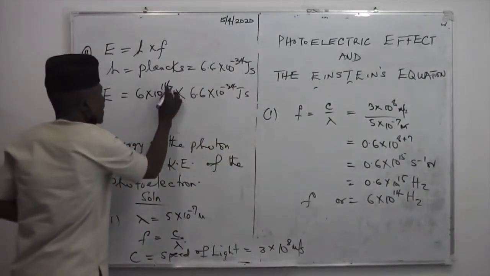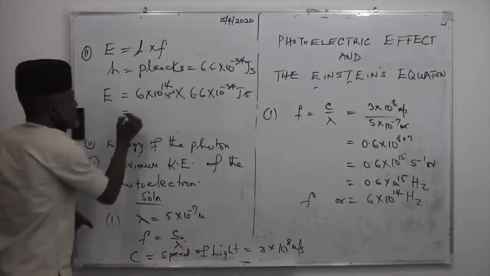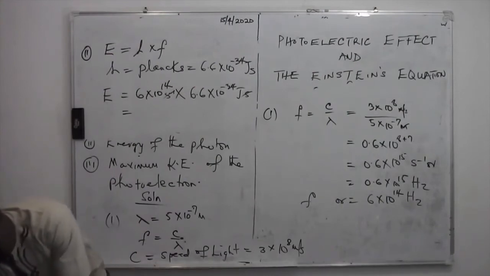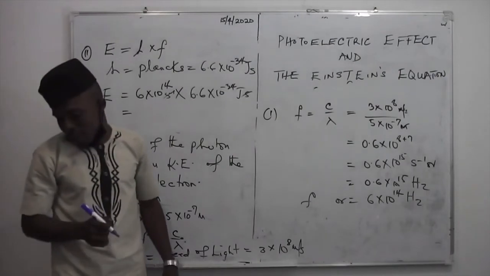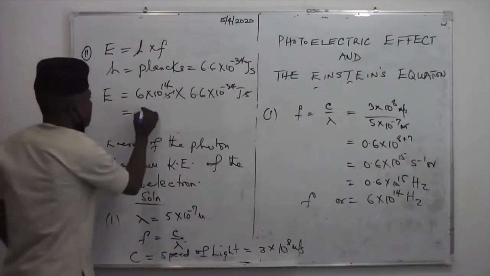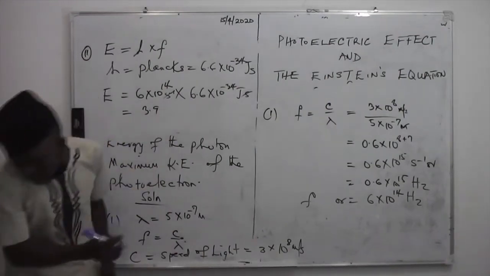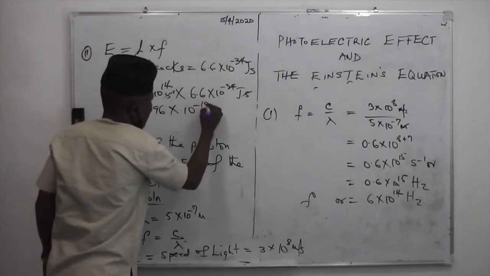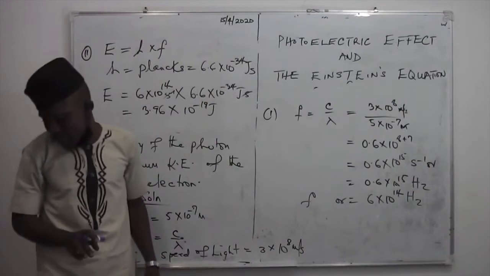You realize that the seconds cancel out because they are inversely related. It gives us the energy of the photon as 3.96 times 10 raised to minus 19 joules.